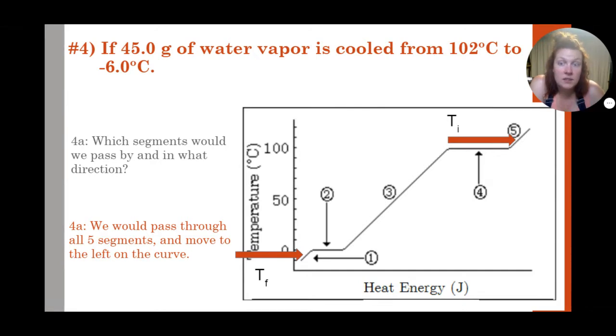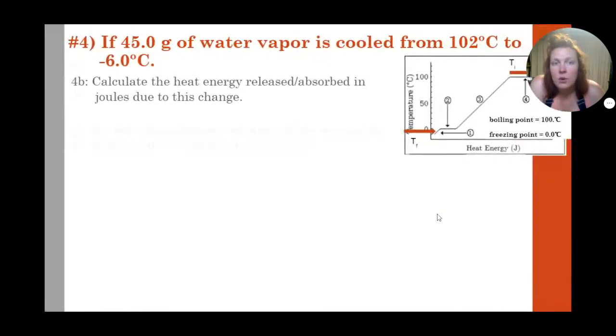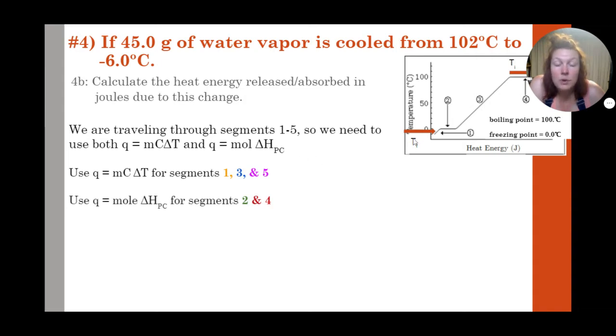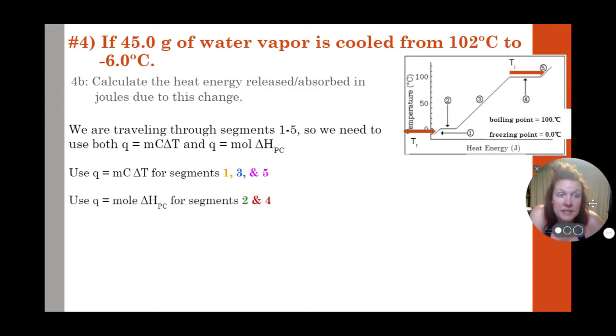So our final answers should have a negative Q value or negative delta H because this is exothermic. Now we need to calculate the heat energy released or absorbed in joules due to this change. We are traveling through segments 1 through 5. So we need to use both Q equals mCΔT and Q equals moles times delta H of the phase change, or moles times the molar heat of the phase change.